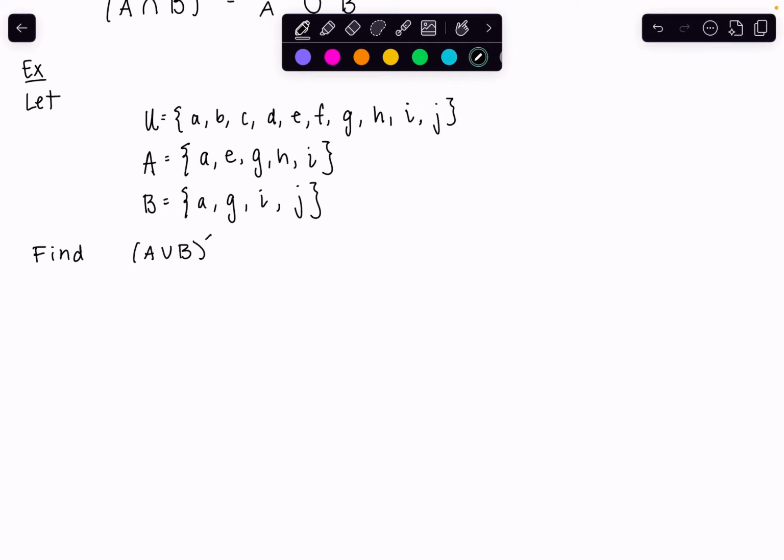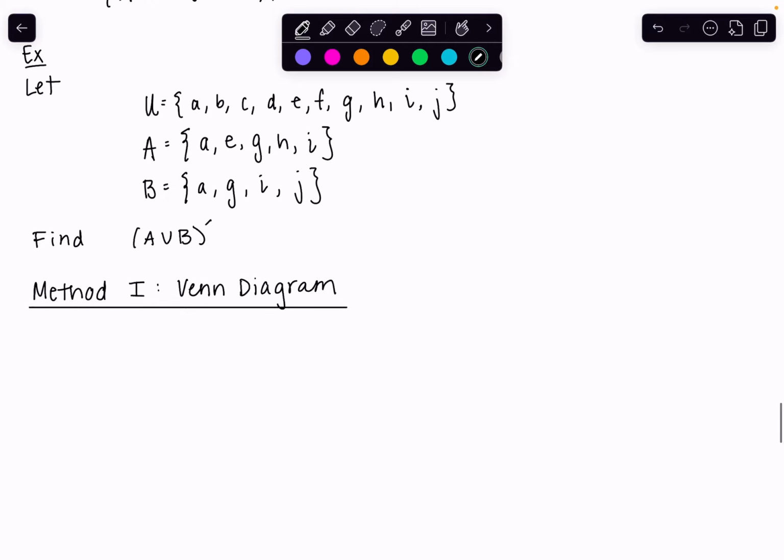So the first way I'm going to do this is with a Venn diagram, because this is a method that you're used to. So let's find the set and make sure we know how to do this. So I go ahead and draw my universal set.